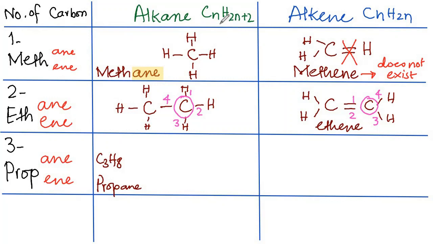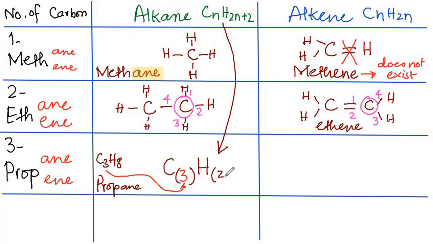If we use the general formula principle, and we put the C and then N is the number of carbon atoms, as I have told you, N represents the number of carbon atoms present. So if the carbon atoms are 3, then this is C3, and then we can find out the number of hydrogen atoms present over there, and the number of hydrogen atoms would be 2 multiplied by N plus 2.